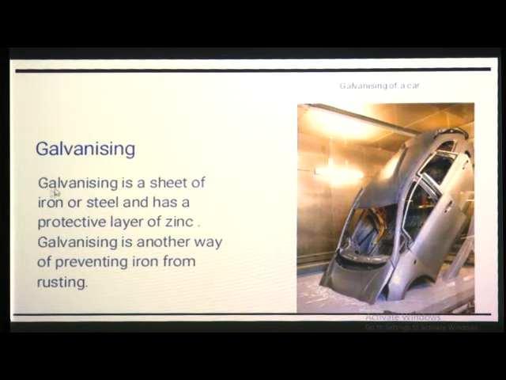We will read. Galvanizing is a sheet of iron or steel that has a protective layer of zinc. So whenever there are big objects made up of iron, we have to dip them or coat them with zinc.